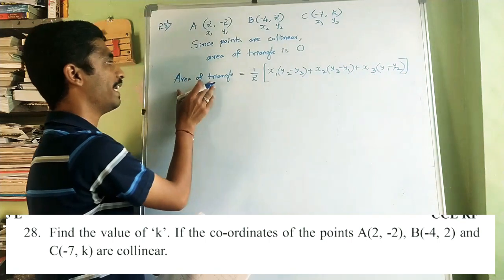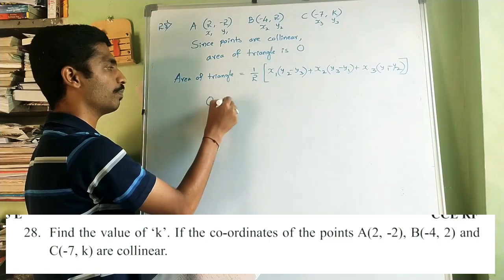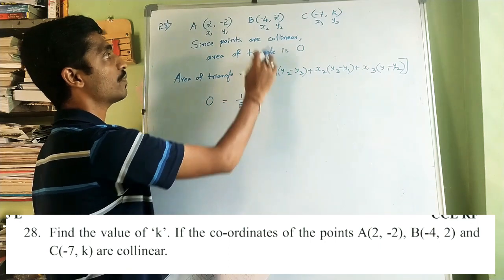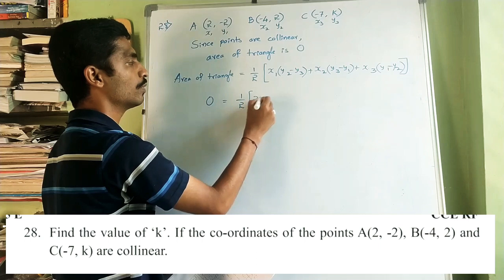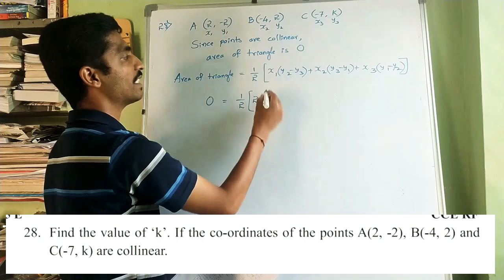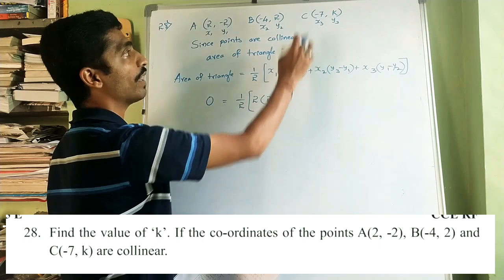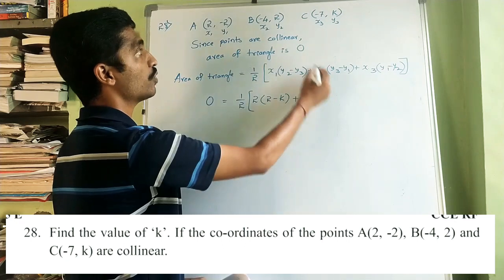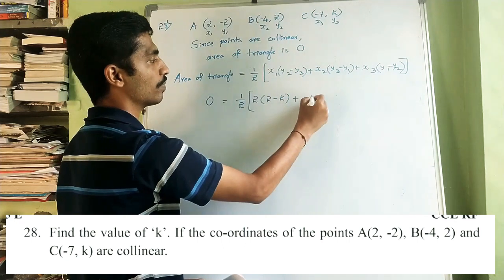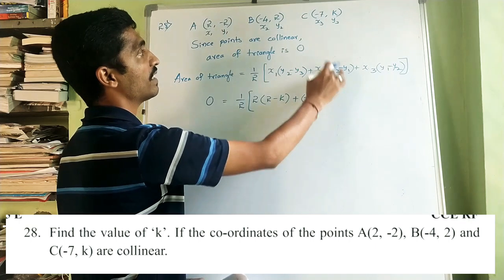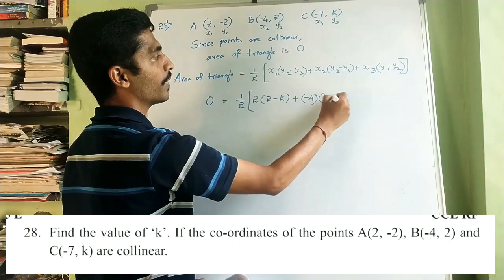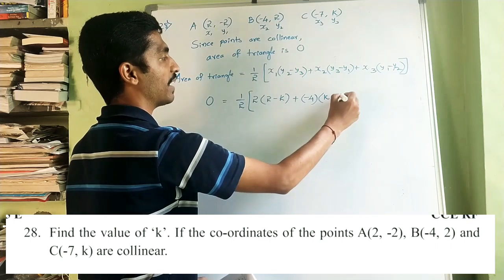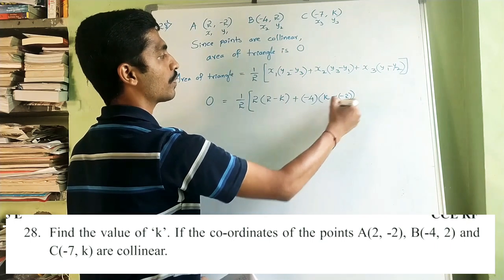Okay, now area of triangle is what? It is 0. 1 by 2, x1 is what here? 2, into y2, that is 2, minus y3 which is k, plus x2, what is it here? Minus 4, into y3, which is k, minus y1, which is minus, so keep it in bracket, minus of minus 2.